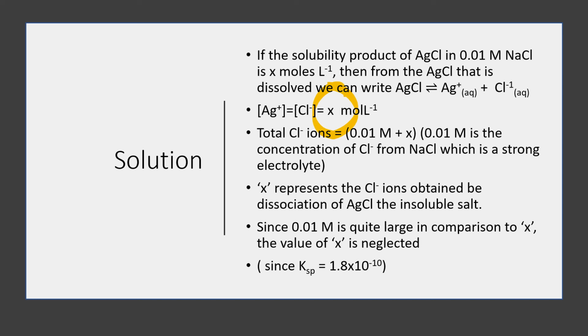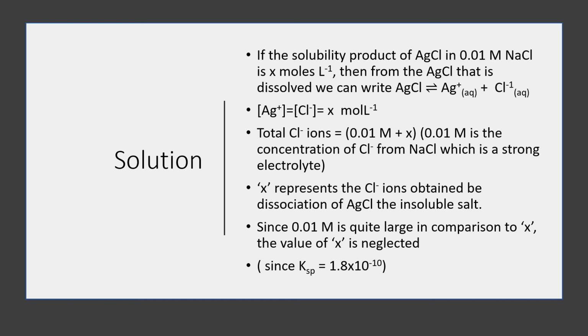So the total amount of chloride ions in the solution will be 0.01 plus X. Now you know that the value of Ksp for silver chloride is 1.8 into 10 to the power of negative 10. The value is extremely small, which means the value of X is also extremely small. So if you find out the percentage of X in 0.01 times 100, that value is going to be extremely small. So what we're going to do is make an assumption that the concentration of chloride ions is equal to the concentration of NaCl, which has a higher concentration.